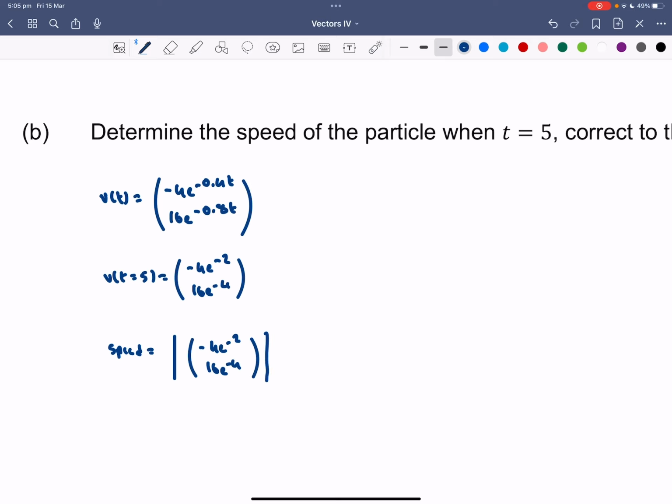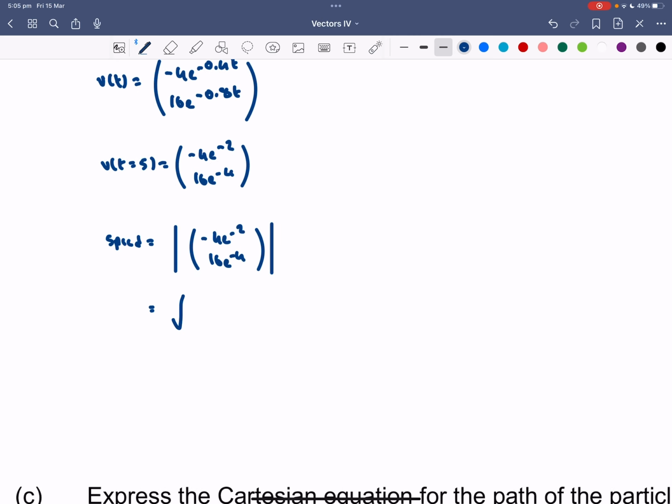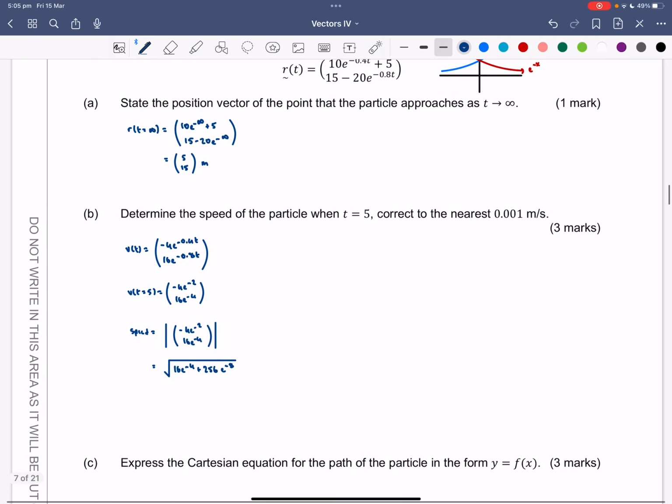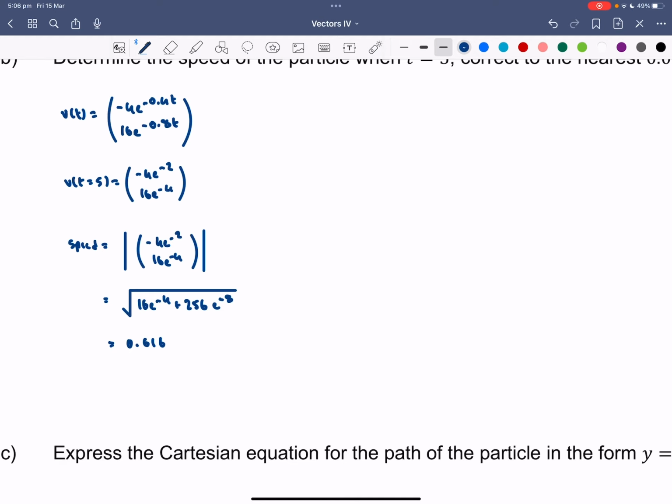Obviously we just have to Pythag to find the speed. Speed equals root of that squared, so that would be 16e to the negative 4, and this squared would be 256e to the negative 8. All right, does it even ask for exact speed? No, it just says to the nearest 0.001. So put that straight into your calculator and you'll get 0.616 meters per second.